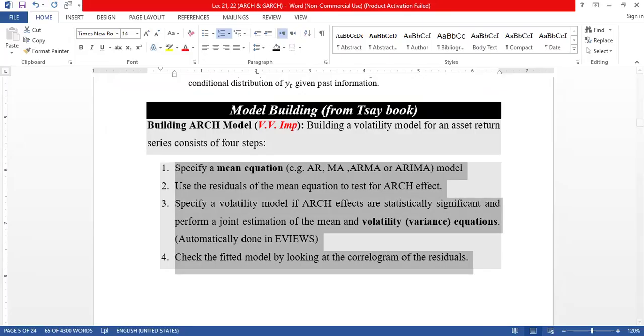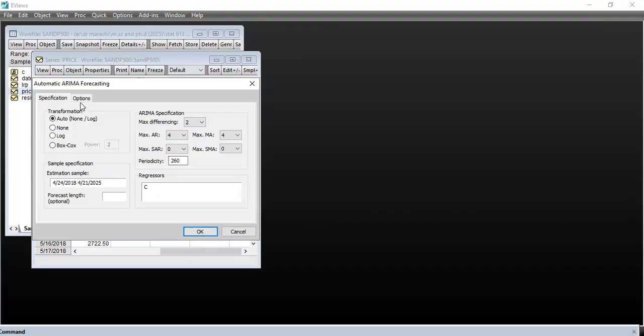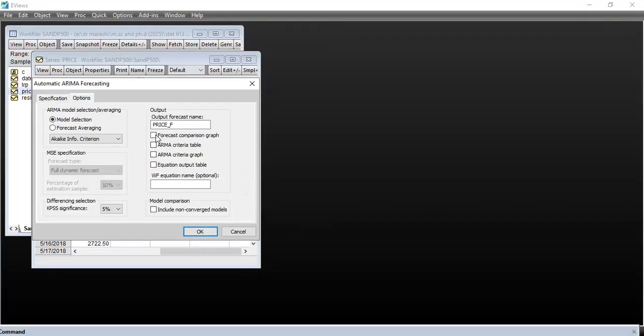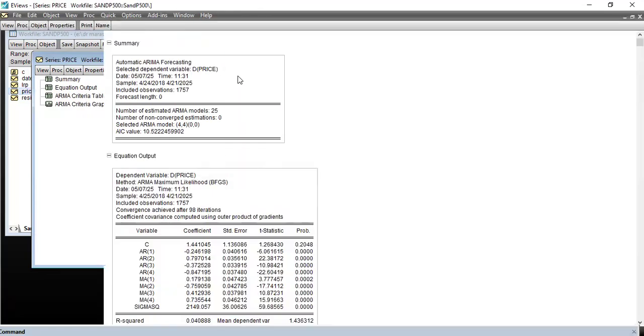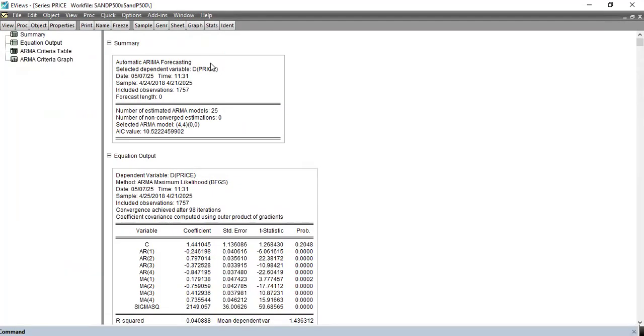Options, tick all the available options, and let's see what we have. We have to wait for a while. So it is giving us, we must have a stationary series, and the model is ARMA, sorry, AR4 and MA4.